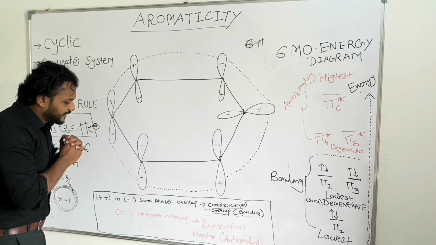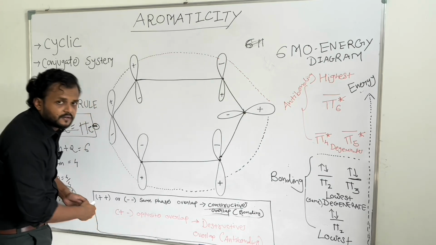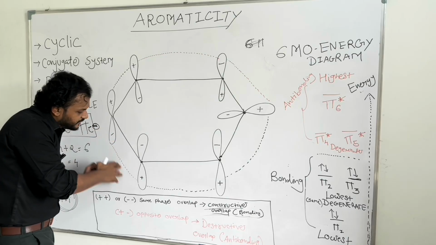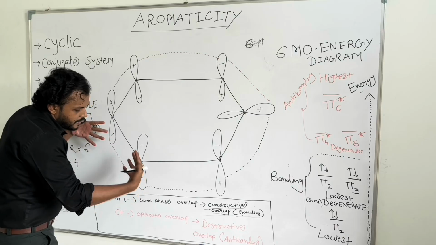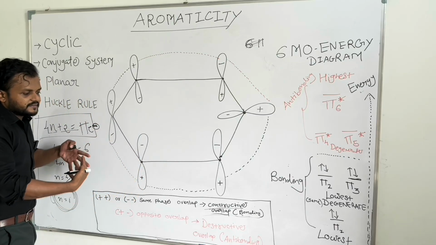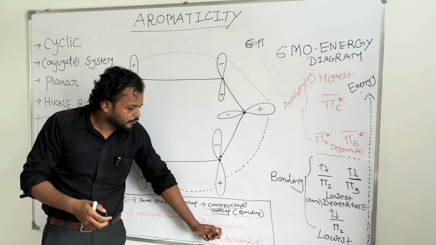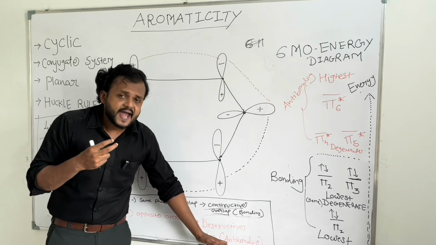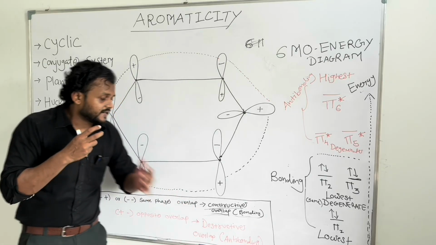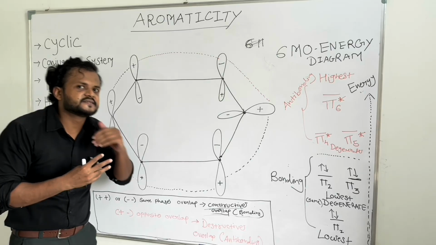On the other hand, if opposite phases overlap, which I have mentioned in red color, that is destructive overlapping, called anti-bonding interaction, and that anti-bonding interaction is going to cause instability.